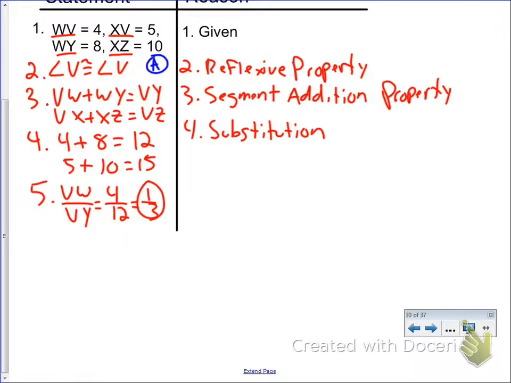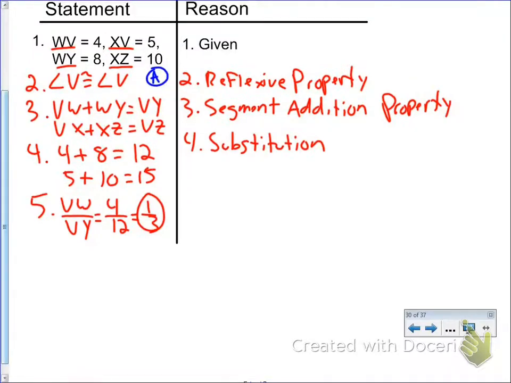At the same time, let's talk about my other one, VX over VZ. VX is 5, VZ is 15, which is also going to reduce to 1 to 3. And again, my reasoning for this is just substitution. All I'm doing is substituting number values in.